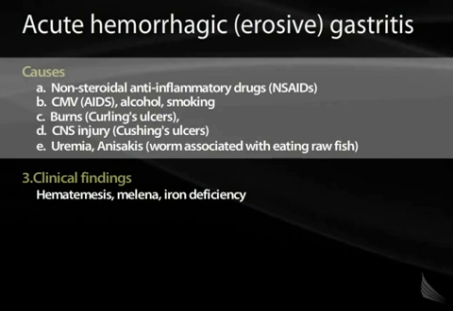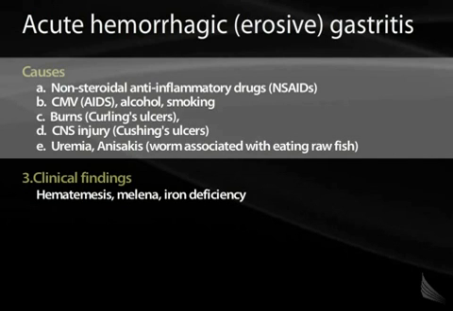Curling ulcers or ulcers secondary to the high stress induced by burns can also occur and can result in hemorrhagic gastritis. Again, Cushing ulcers caused by severe CNS injury can also cause hemorrhagic gastritis.